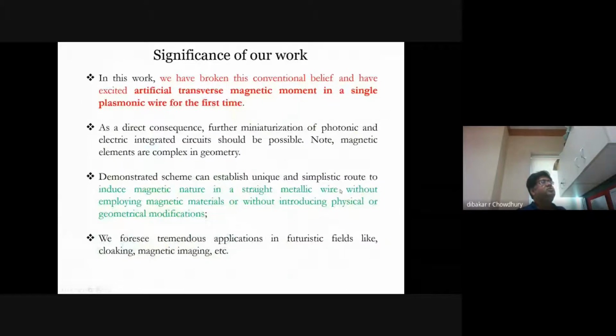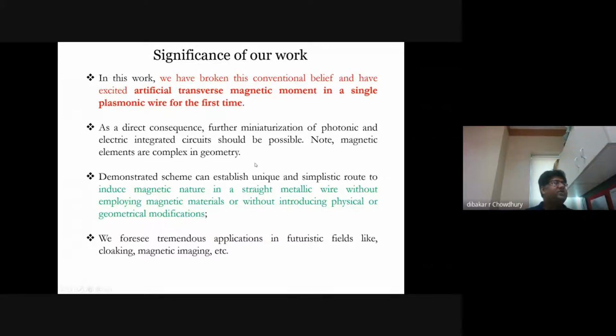So what we have shown in this work is that, against the conventional belief that an artificial magnetic moment or transverse magnetic moment cannot exist in a single plasmonic wire, that's actually not correct, and with some modification, with some trick, one can actually excite this kind of transverse magnetic moment.